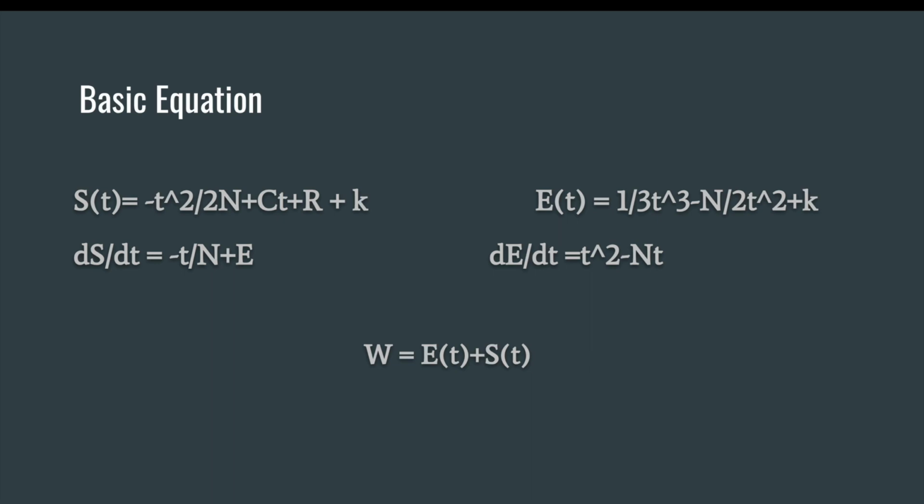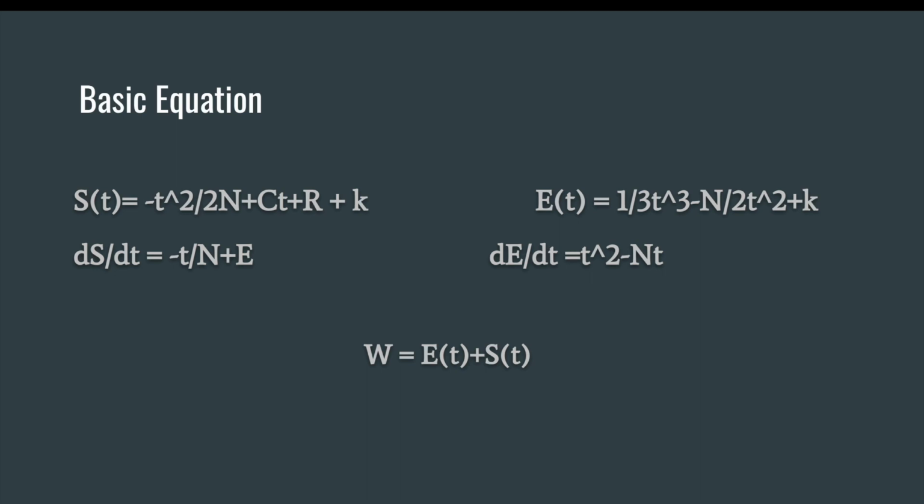Efficiency has the equation of 1 over 3 t cubed minus n over 2 t squared plus k. And the change in efficiency over change in time is t squared minus nt. How we derive the equations is that when we are considering stress, we put the factor of efficiency into stress.